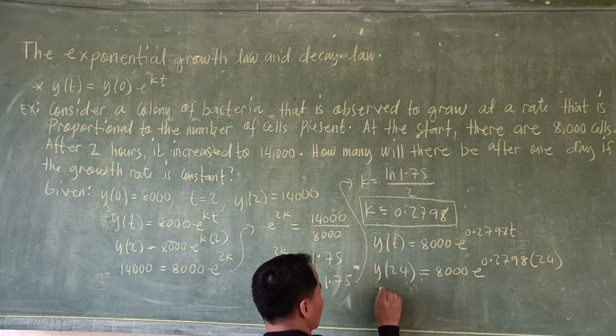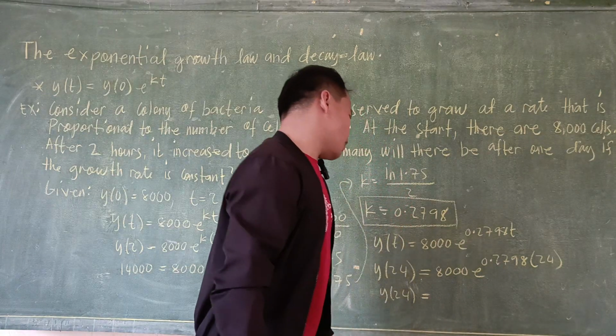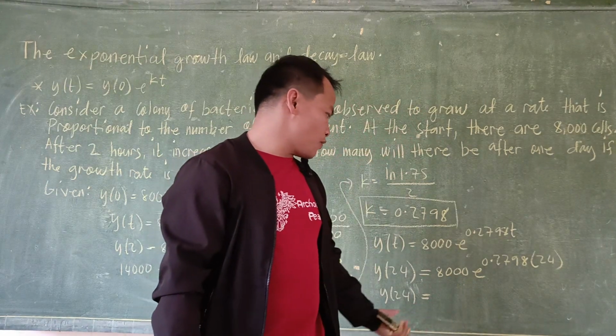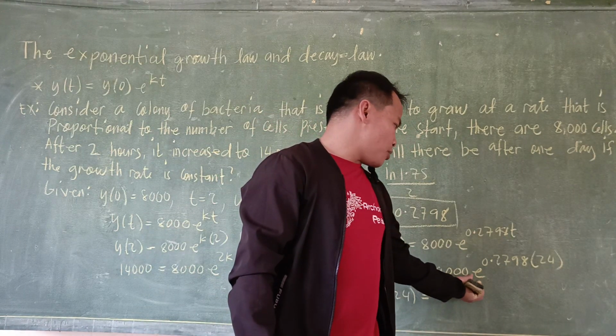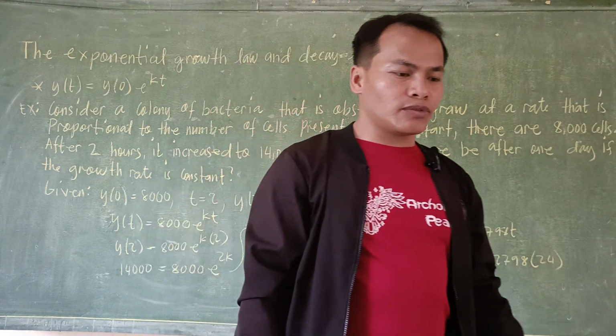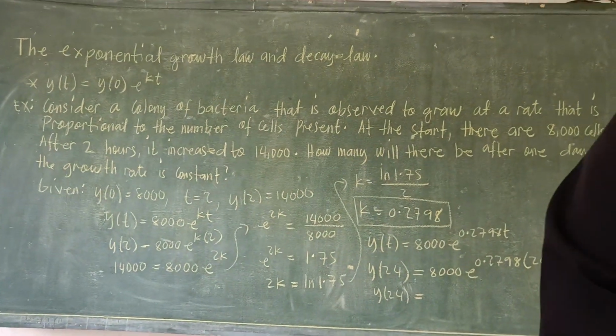So y of 24 is equivalent to 8,000 times e to the power of 0.2798 times 24, which I will solve using my scientific calculator.